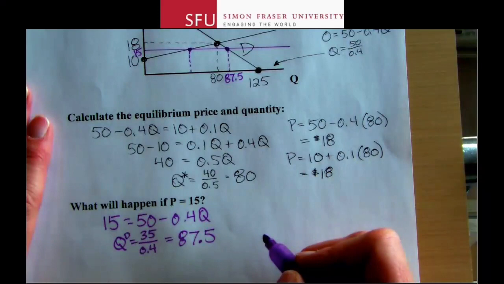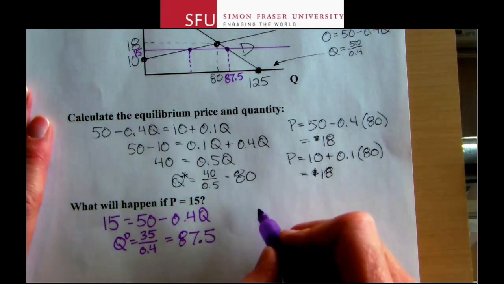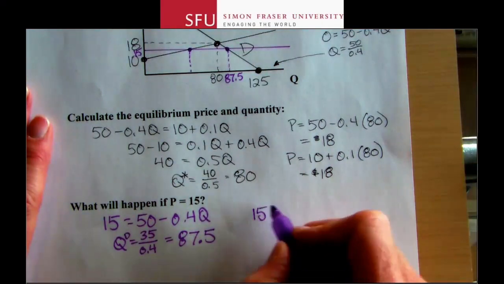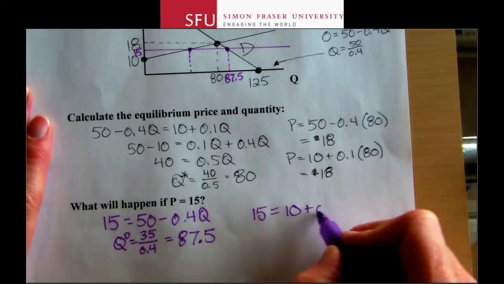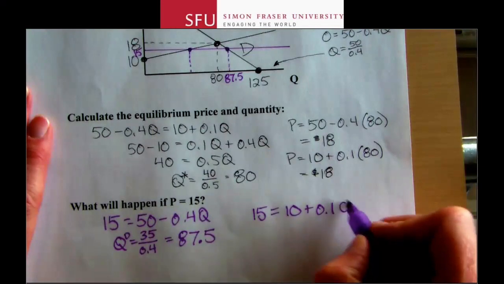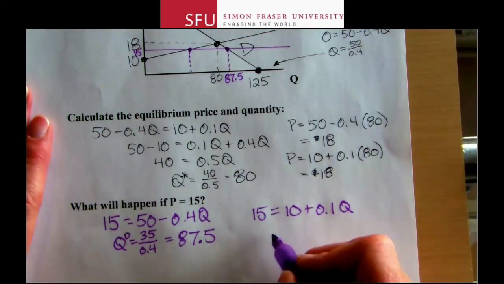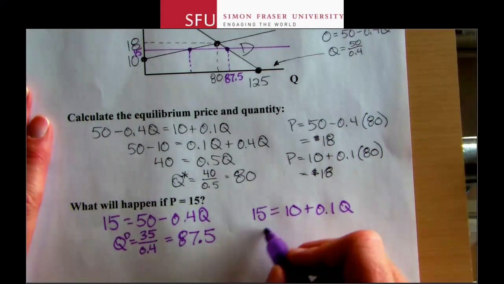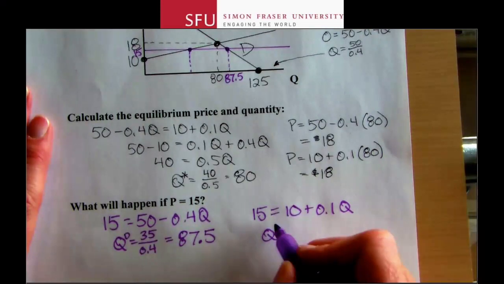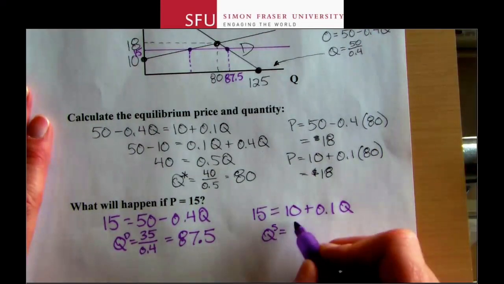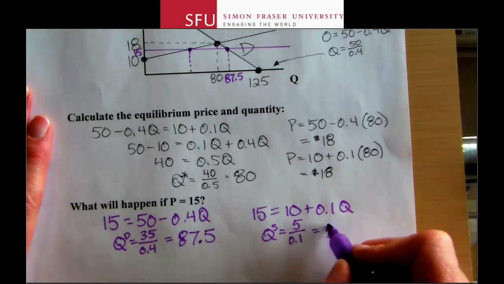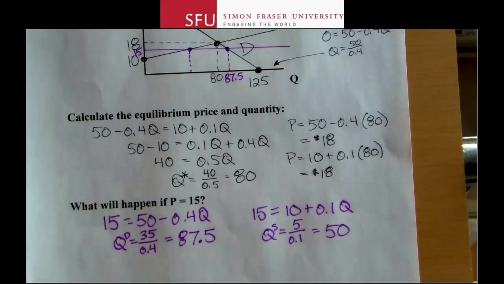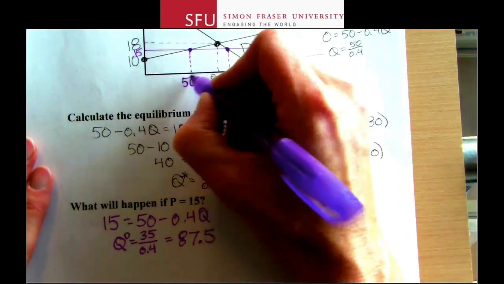And then supply. All right, so price is 15. So put that into the supply function. 15 equals 10 plus 0.1 Q. I'll put a Q S. So that'll be 50, and I'll add that to the diagram.